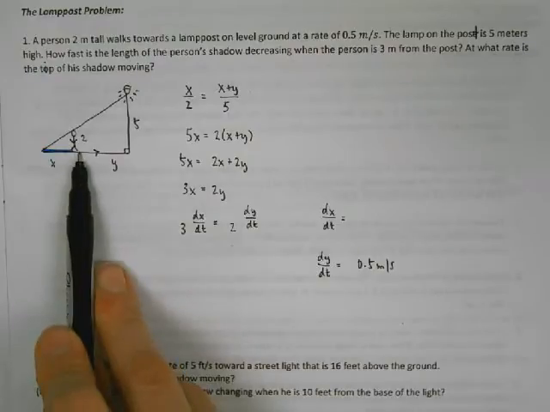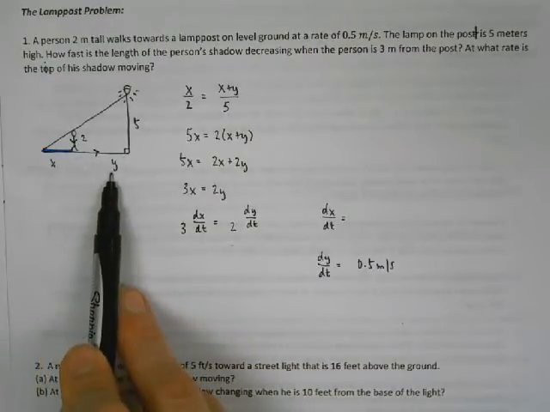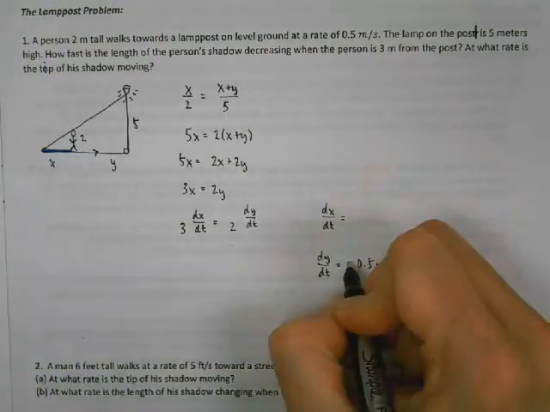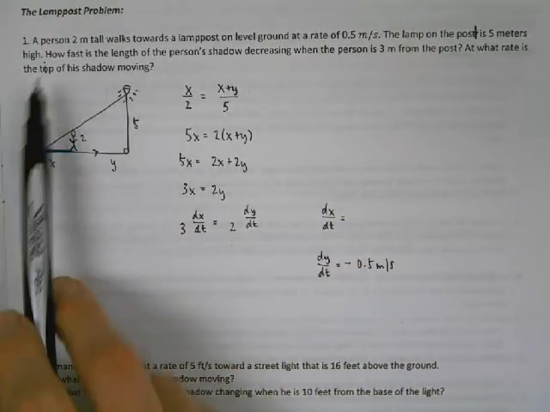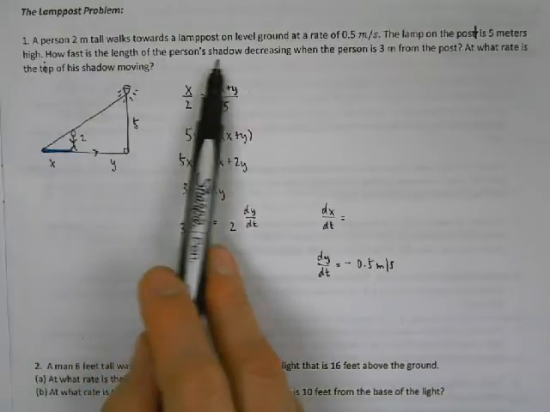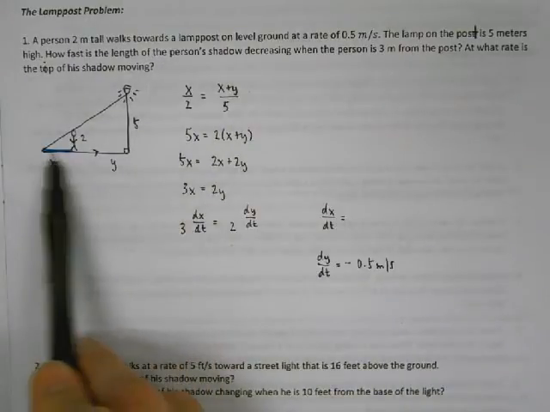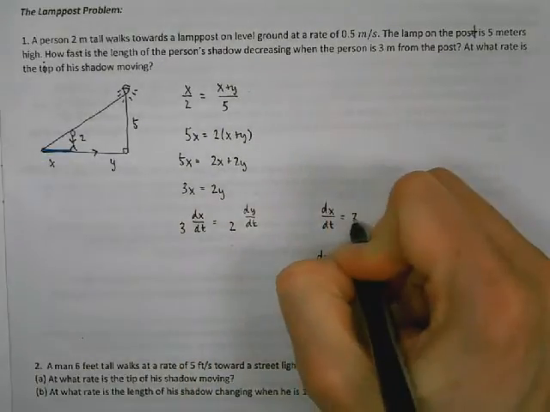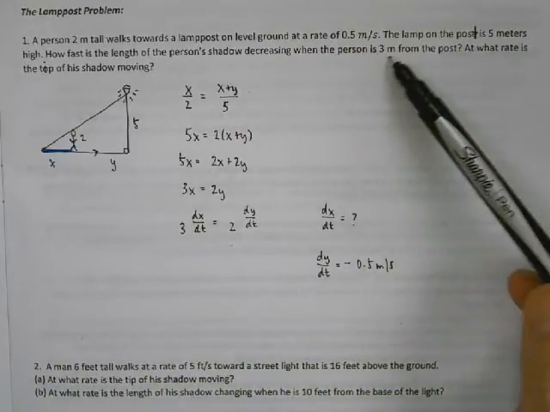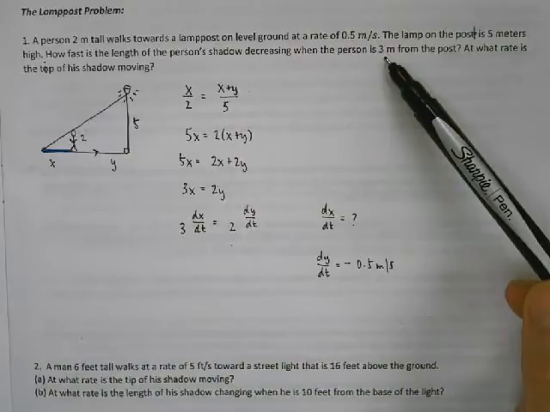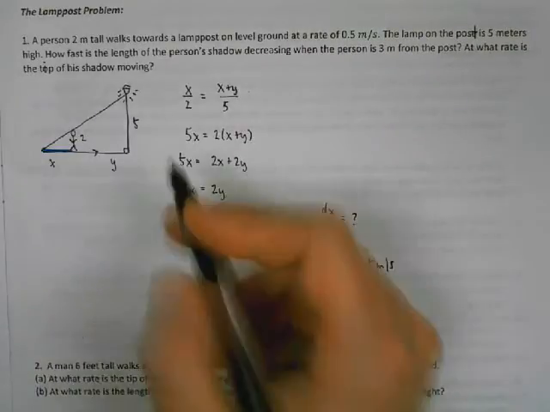Since I'm walking towards the lamppost, that distance is decreasing, so I have a negative rate of change. Now, if I want to know how fast the length of the person's shadow is decreasing, that's my dx/dt. And you'll notice with these problems, that rate actually isn't dependent on how far they are from the post. That's some extra information. So now I can just plug in.